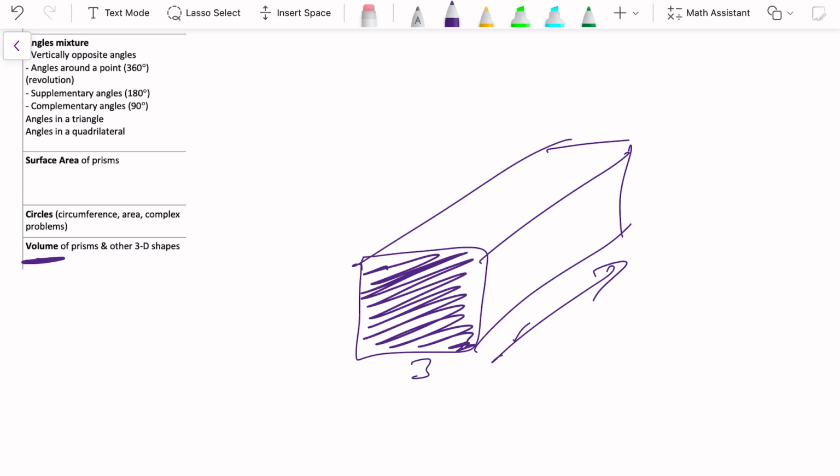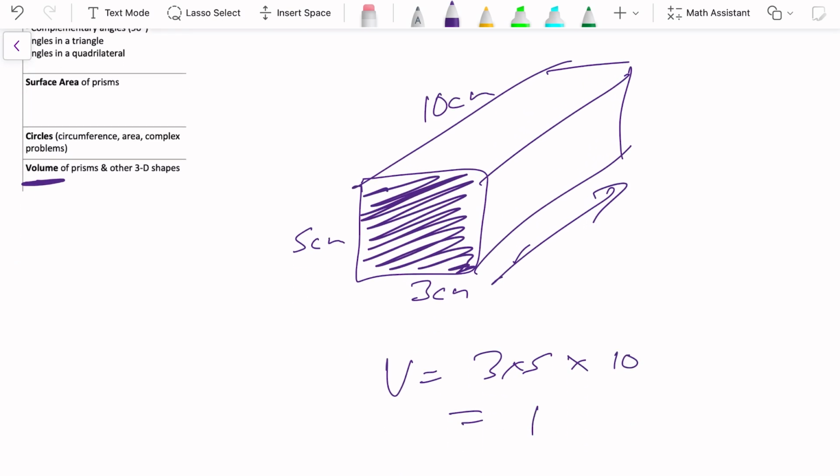Okay, so let's say that was 3 centimeters, that was 5 centimeters, and this is 10 centimeters. So the volume is simply 3 times 5 to give you the area multiplied by the 10. Okay, and that is 150 centimeters cubed.